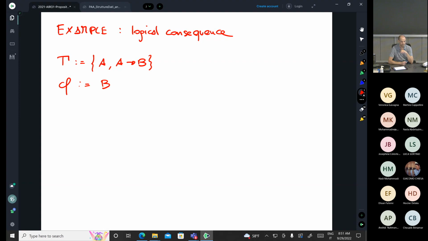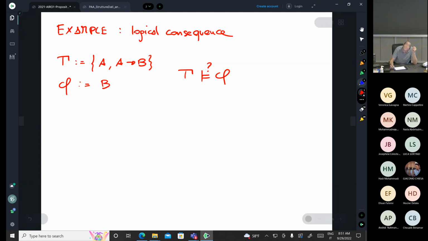So now it's a clear line of reasoning. A very easy syllogism: if you know A and you know that A implies B, then you also know B. So we want to check whether this holds, and we expect that this is indeed the case, but let's see if it matches with our definitions.